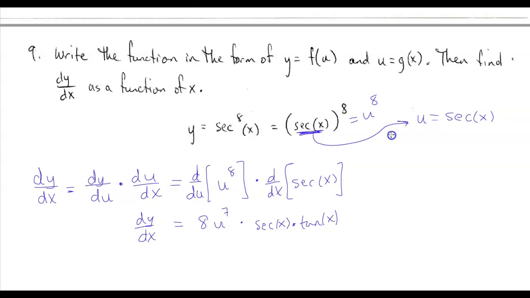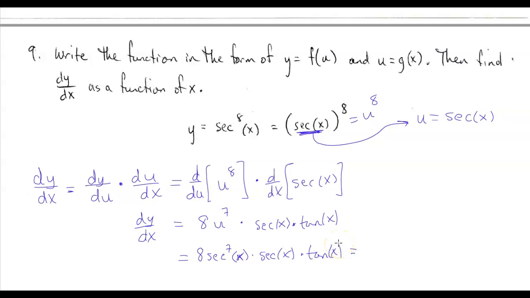And so here we remember that the u here is just secant. So this is going to be 8 times secant raised to the 7th power of x times secant x times tangent x.